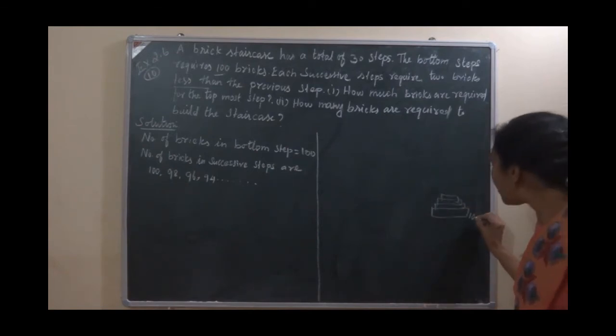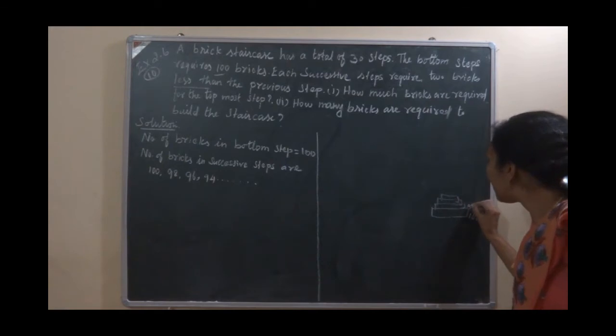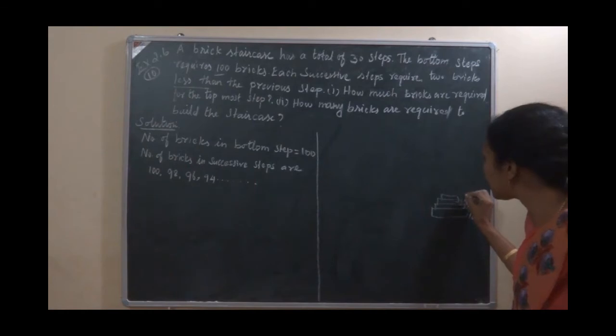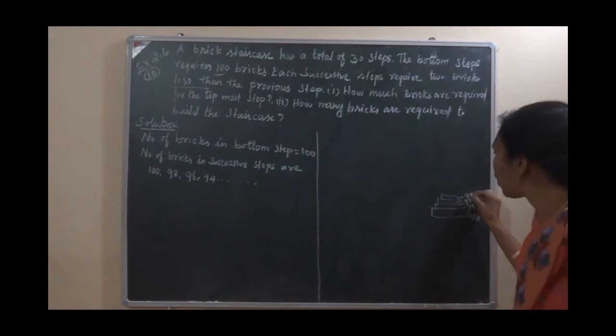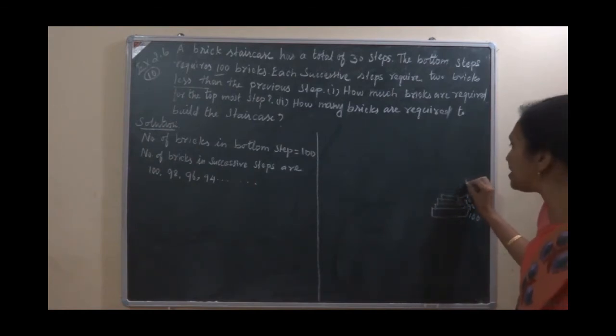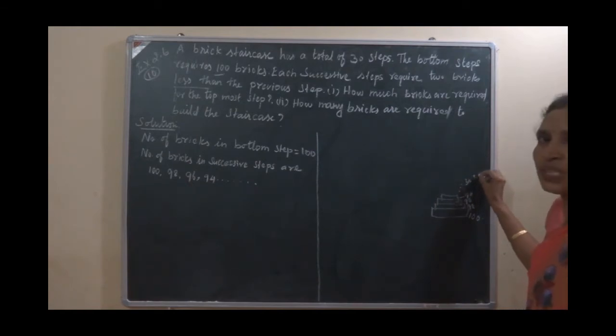So here, if it is 100, next step what? 98. Next step 96, 2 bricks less. 94. Up to how many steps are there here? 30 steps. Clear?